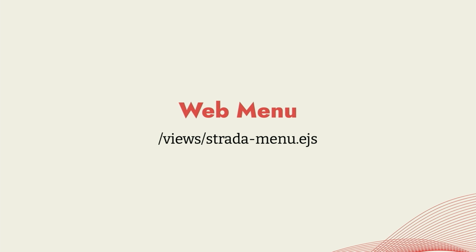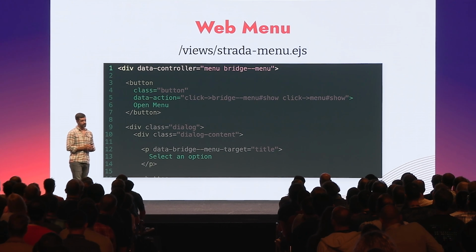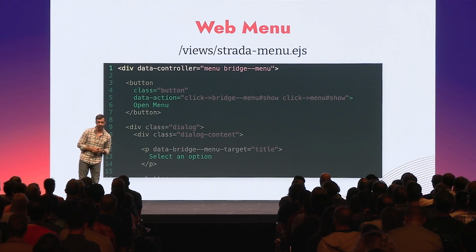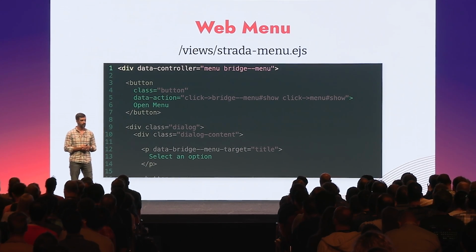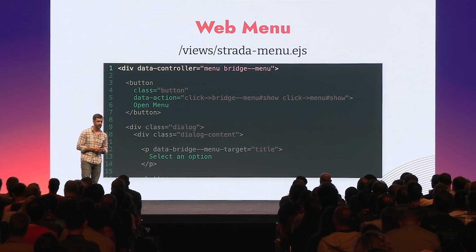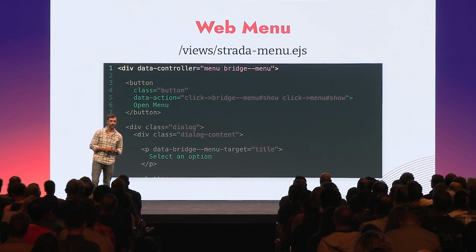So let's build the web menu first. We've just got a div. We've got a data controller. You'll notice here we've got two controllers. One is a menu controller, and this is actually driving the functionality on the web side for the web menu that exists.